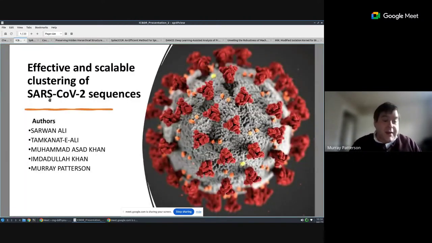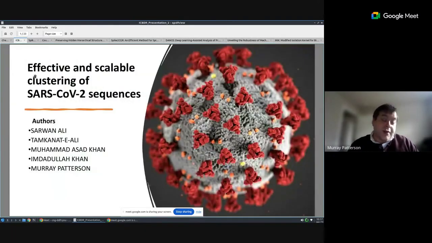So we really ran with that idea, and my students ran with that idea, and we started getting into embedding methods. Sarwan Ali had joined recently, right after I had done this previous work, and he's an expert in embedding methods and applying machine learning, embedding methods that represent the sequence well so that machine learning approaches can be used for clustering or classification.